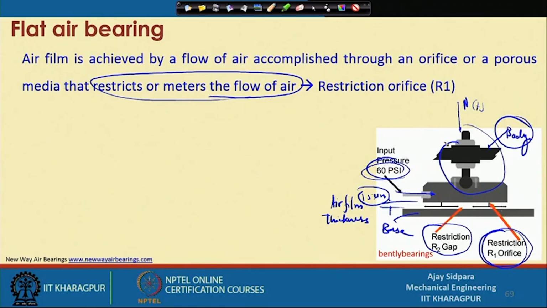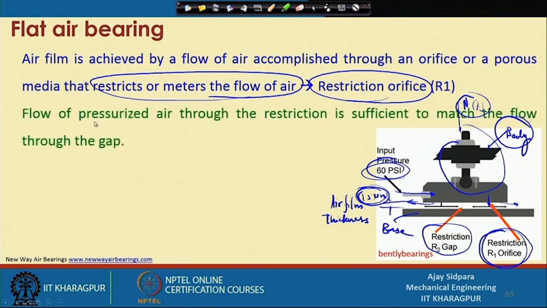By area, force and pressure calculation, we know that pressure equals load upon area. So, you can easily calculate how much pressure is required to maintain a particular film under different loads. That is called the restriction orifice. This orifice will supply the air between the body and the base so that you always maintain this film, and then it will go away from this part.